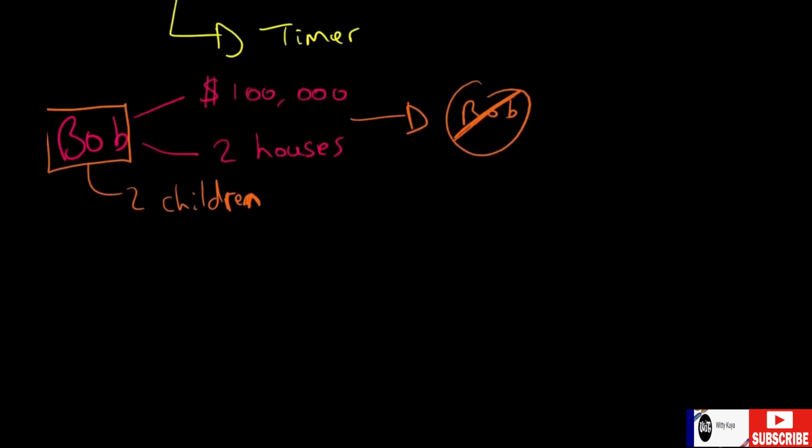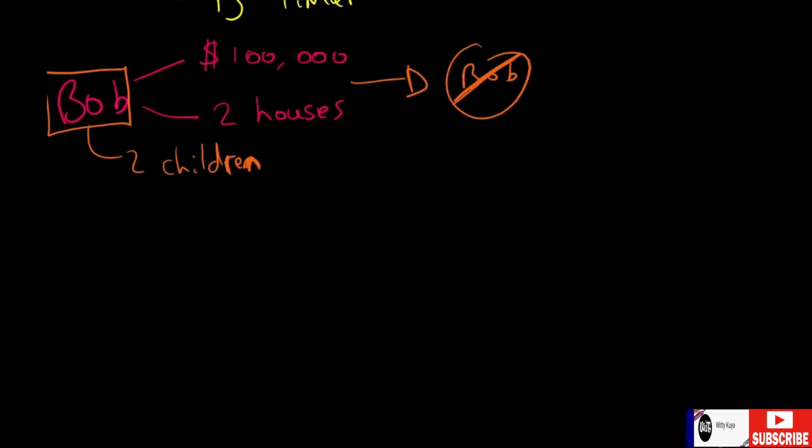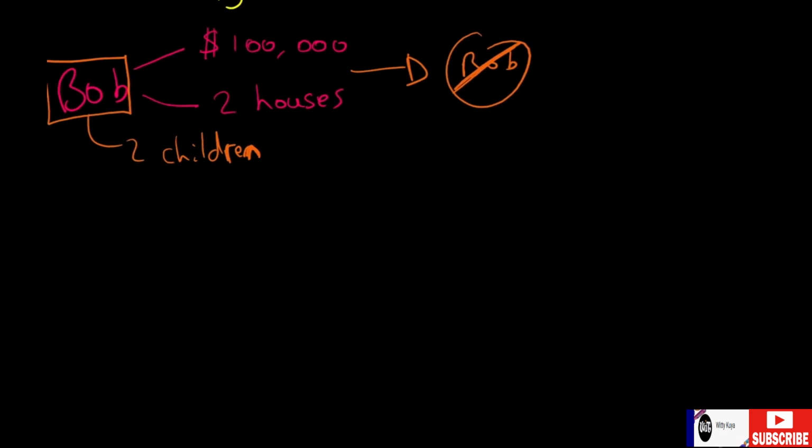So in this situation, using a smart contract, he could have it on a timer. So let's say after 6 months have passed, so that gives ample time to get Bob buried and for everything to die down, no pun intended.